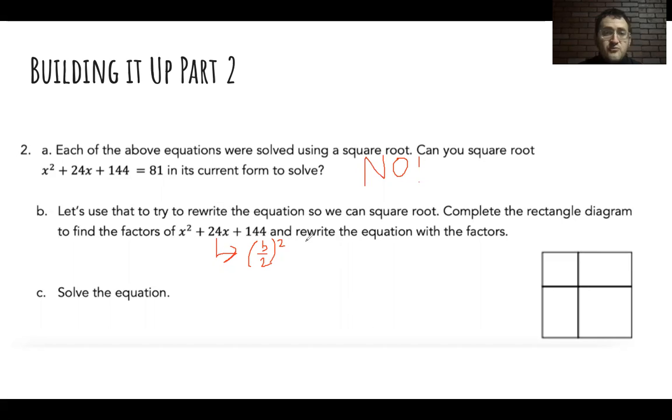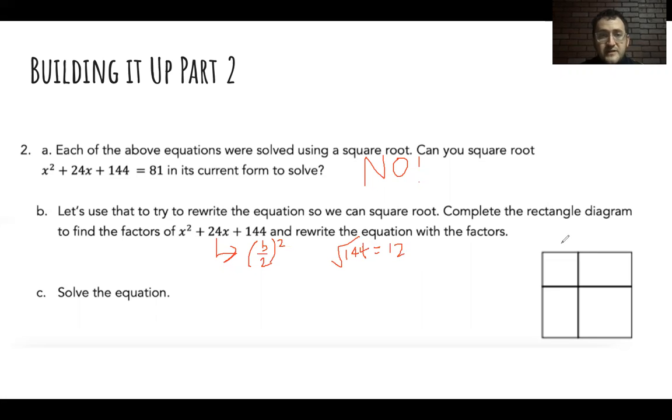And that gets us this sort of completing the square. But one thing that we can do immediately is think about what the square root of 144 is. And that's equal to 12 in the positive form.